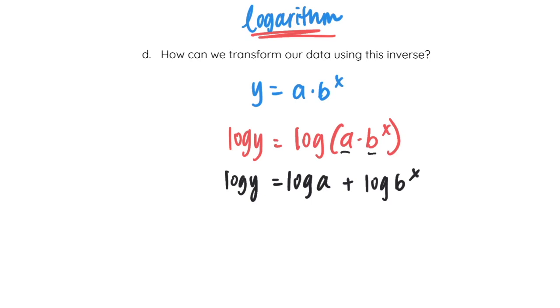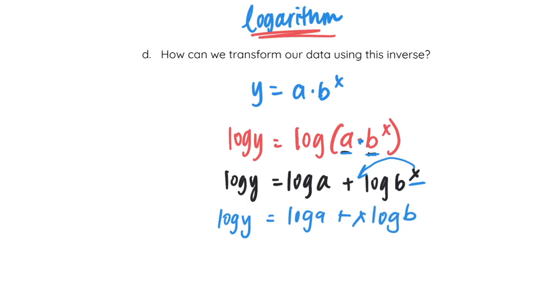In pre-calc, you learned why this is true, but right now we don't really care why it's true. We just need to remember that when you're multiplying two values inside of a log, you can expand it. And then another property is that the exponent here can come to the front. So I'm going to rewrite this with log y equals log a plus x log b.